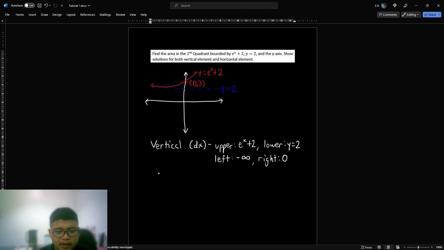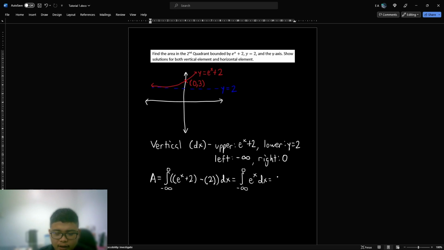So if we get the area, we would be using the integral from negative infinity to 0 of e to the x plus 2 minus 2 dx. We could further simplify this into the integral from negative infinity to 0 of e to the x dx.